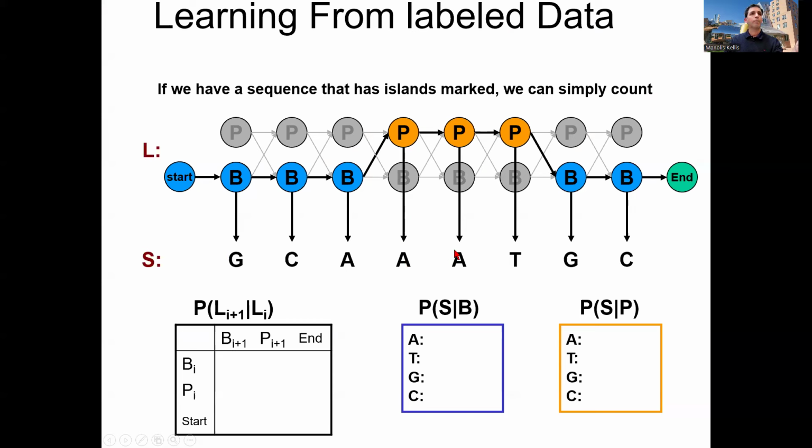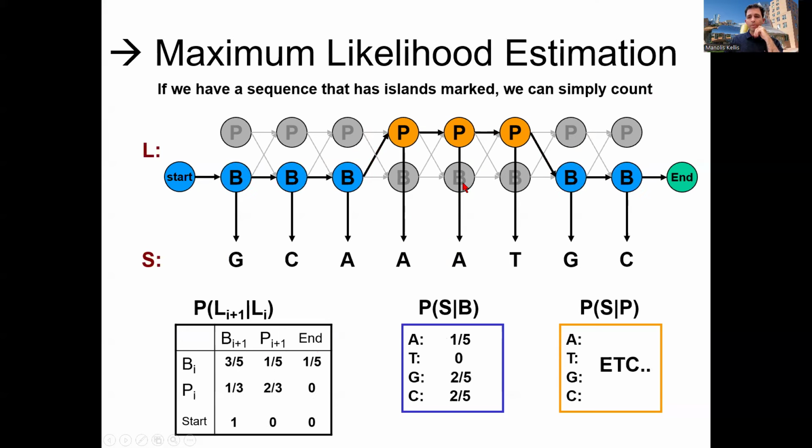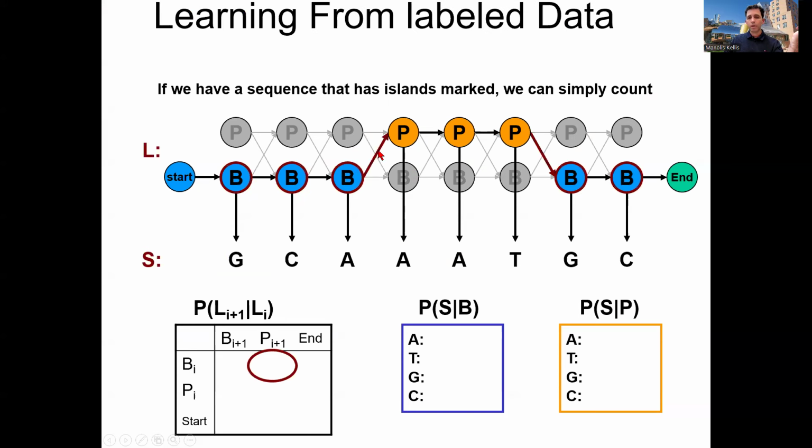Numerator: emit A, 2 of them. Probability, 2 out of 3. Sounds good? So I can simply count those probabilities and say the probability of emitting an A from P is 2/3. Probability of emitting T from P is 1/3. Probability of emitting A from B is 1/5. G from B is 2/5, and so on and so forth.